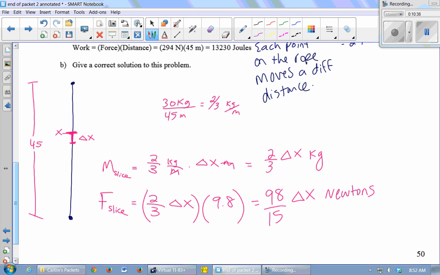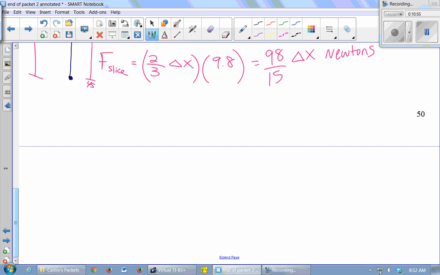We should label this 0 will be at the top. And then this is at x, and this is at 45. So it has to travel x meters, yeah. All right, so my work done on my slice is force times distance.